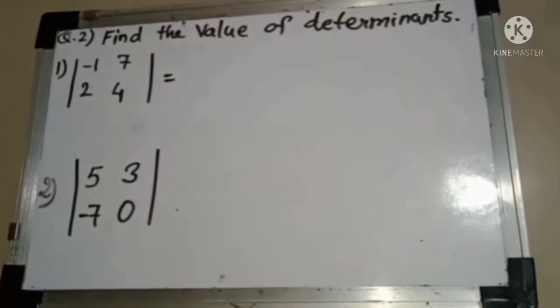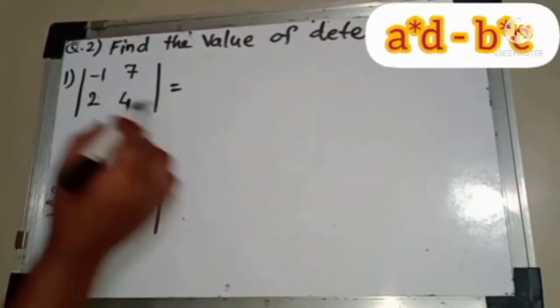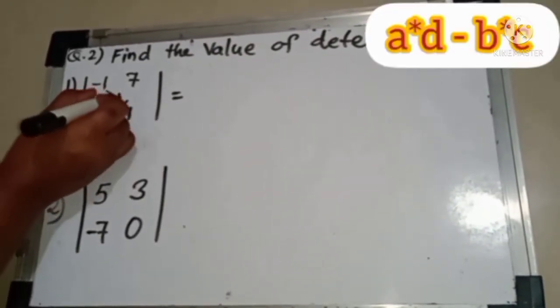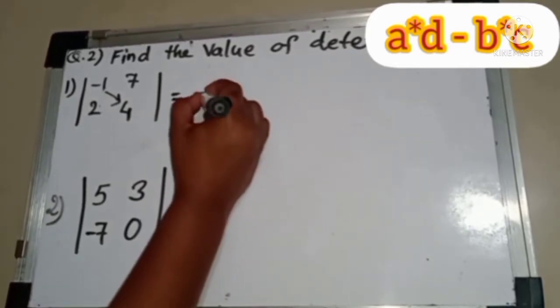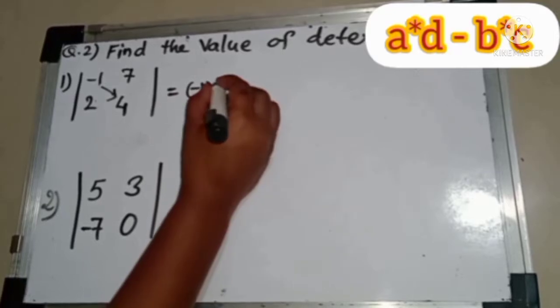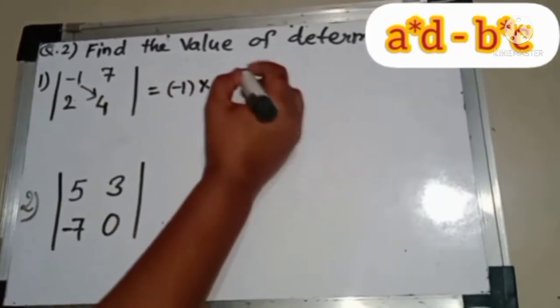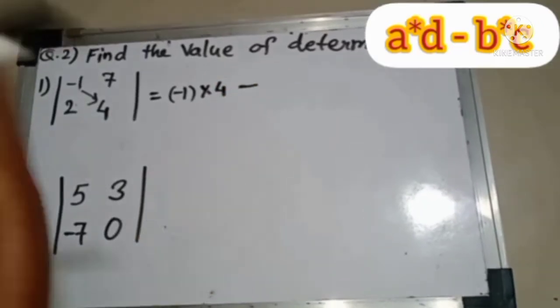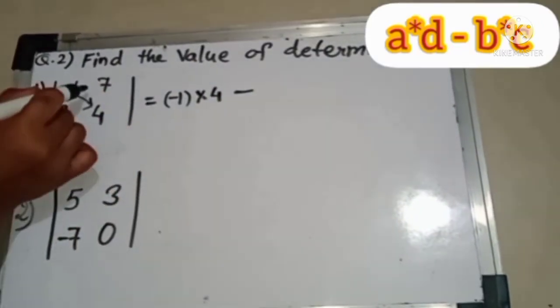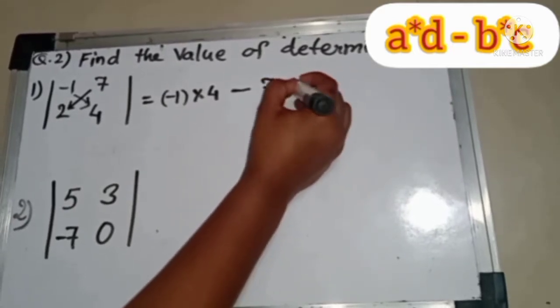Find the value of the determinant. Question number 2. In that, the first question we will solve, as we know the determinant, minus 1. Remember, if it is minus 1, you will put a bracket, okay, into 4. Okay, this part we have done. Again minus according to the rule, then we will do this part, 7 into 2.